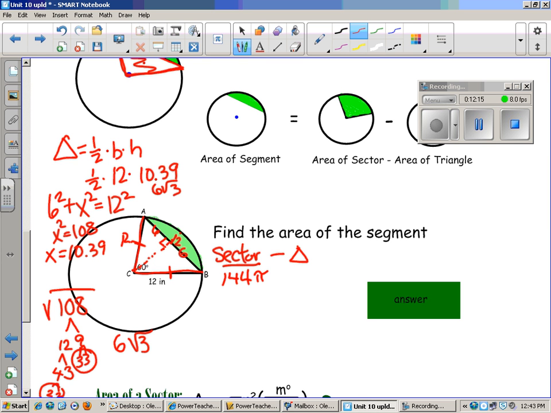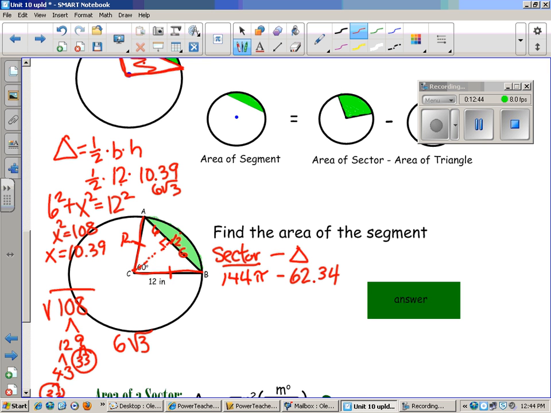Okay, so 1/2 times 12 times 10.39, 1/2 of 12 is 6. 6 times 10.39 is going to be something around 62.34. That's the formula for the area of a triangle, right.